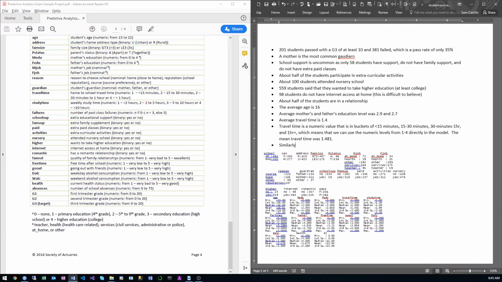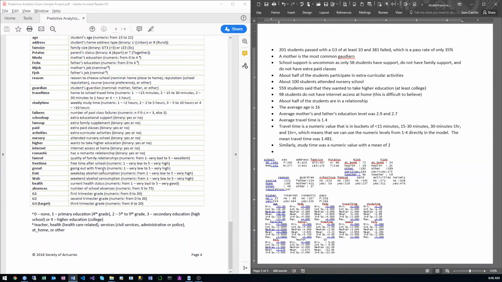Similarly, study time was a numeric value with a mean of 2. Go out with friends: 1 is very low, 5 is very high.